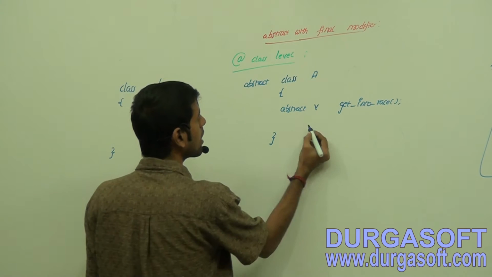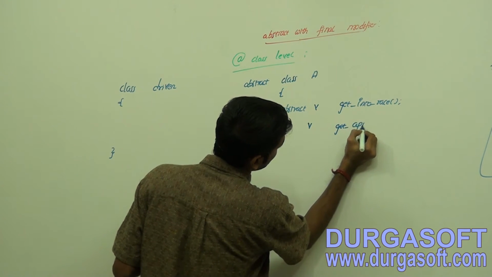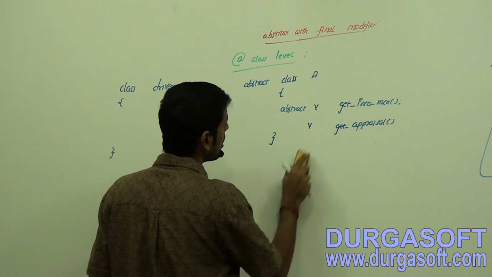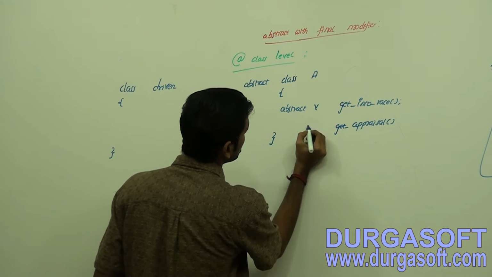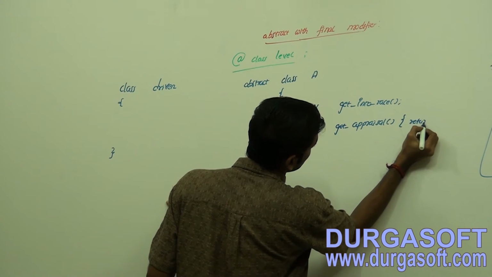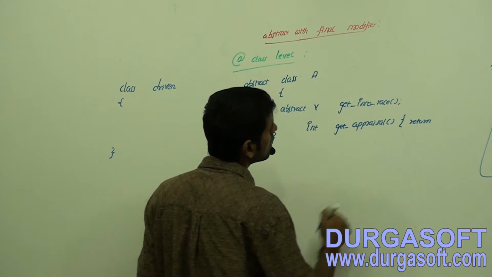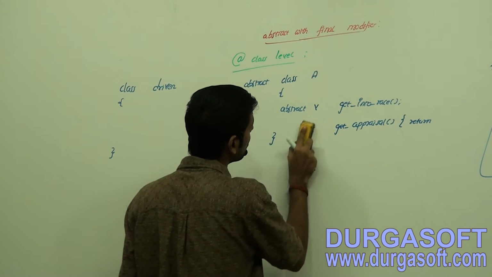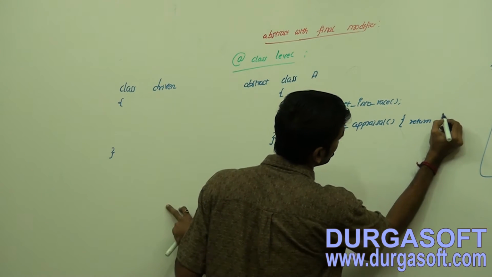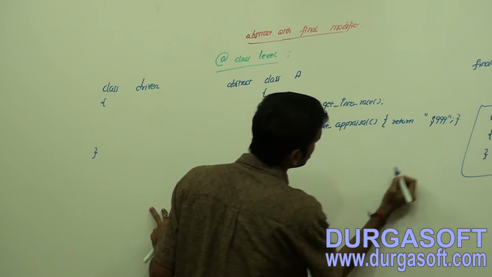So let me take getAppraisal, with return type String, and return $999 as the appraisal.